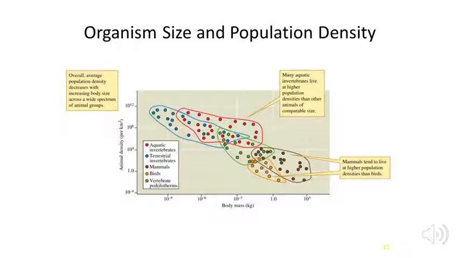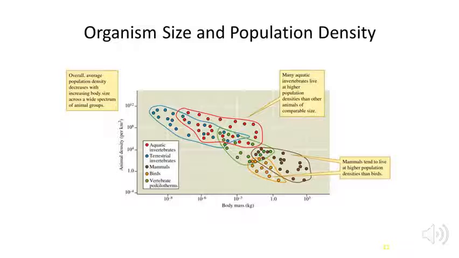This is a figure from your textbooks, and it shows this really well preserved negative relationship between the size of organisms and their population density. Essentially, as animals get larger, the lower the population density they tend to be found in. In this figure, you can see that relationship broken down into different groups of organisms.